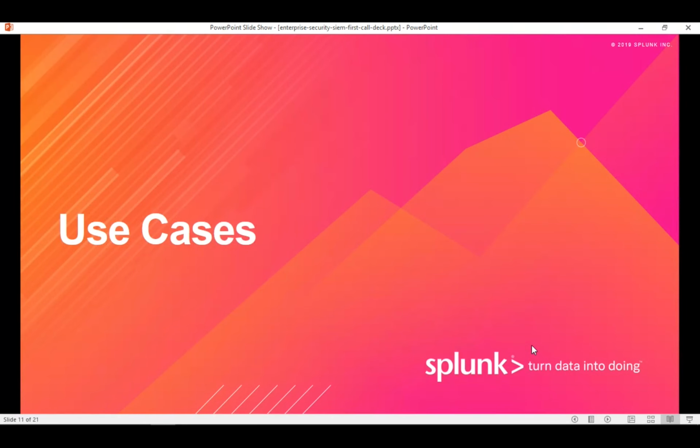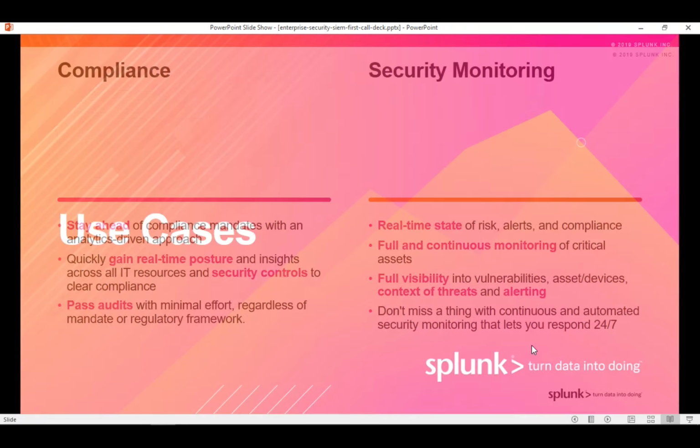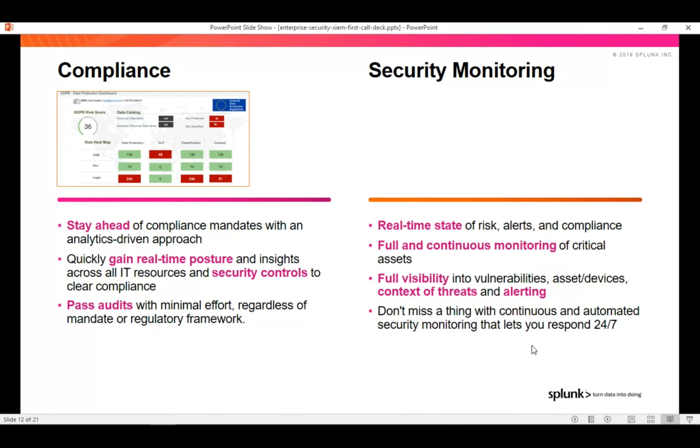Moving on to some use cases. With the existing dashboards and reports and work panes for the admins and analysts to work with, Splunk ES provides you with dashboards to overcome the compliance requirement.